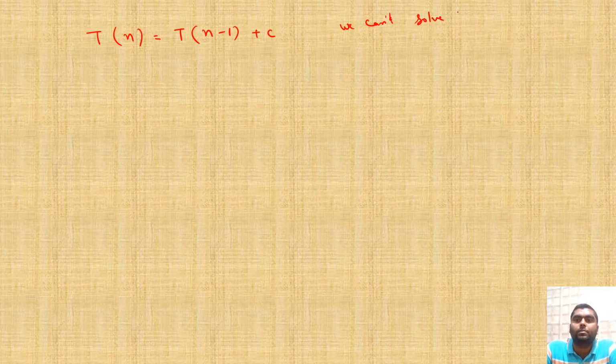So the recurrence relation is T of n equals T of n minus 1 plus C. So this is not solvable directly by Master's method.